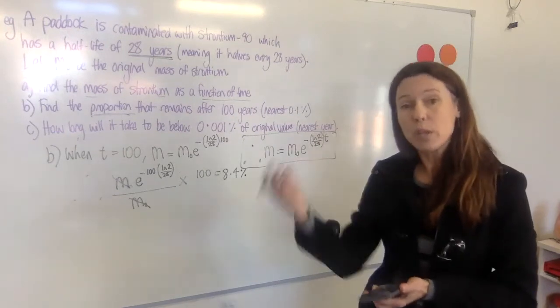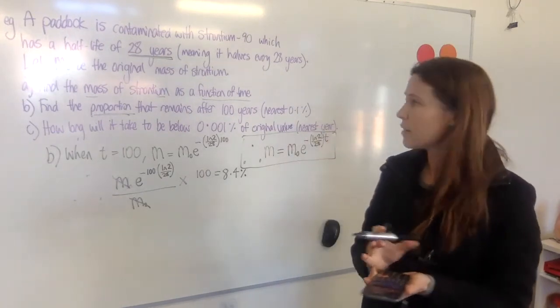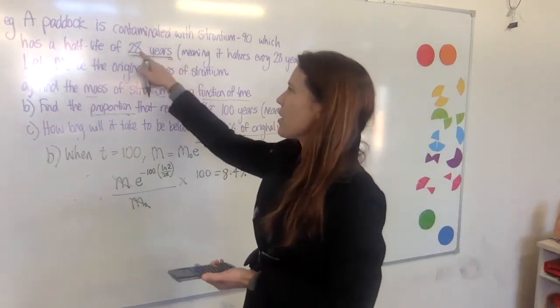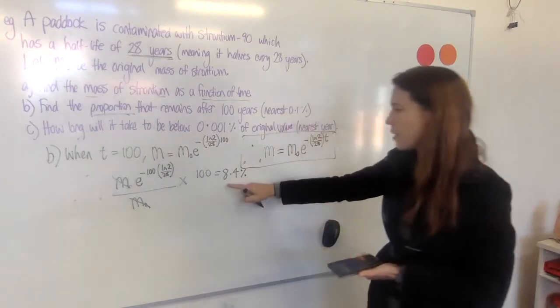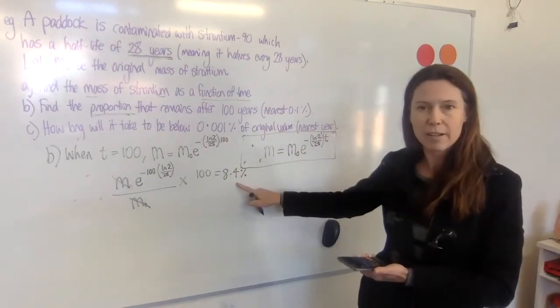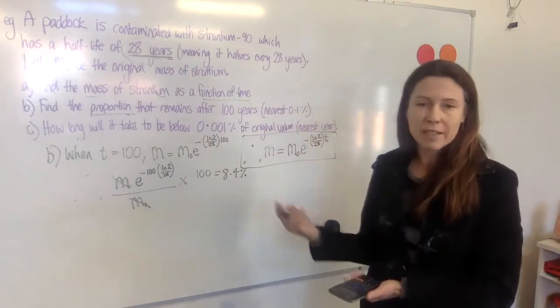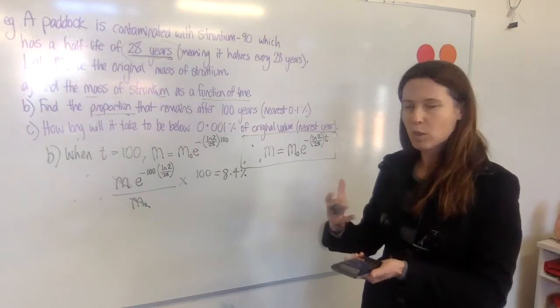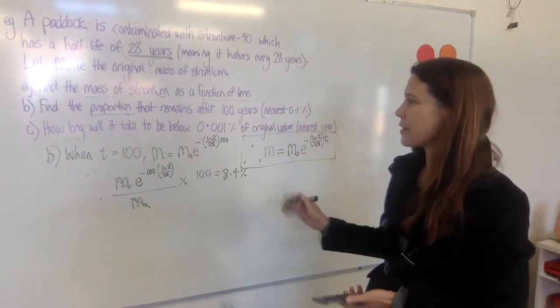And after the third lot of 28 years, I'd be down to 12.5%. Now 100 years is 3 and a bit time periods of 28, isn't it? So it makes complete sense that I'd be down a little bit lower than 12.5%, and this seems right. I wouldn't have gone through 4 halvings yet, so I wouldn't be down to 6.25%, I'd be somewhere in between. So you should always finish by just checking that your answer makes sense.